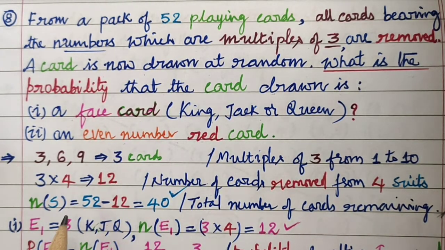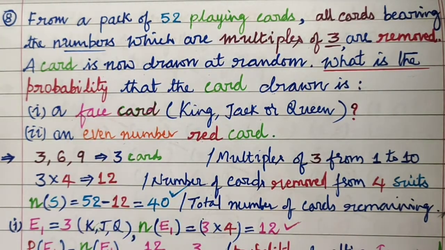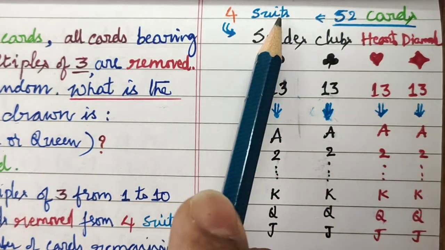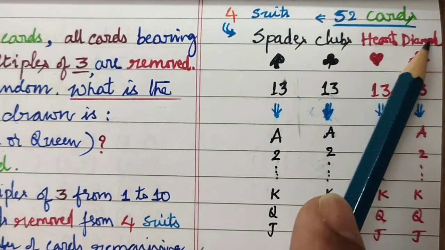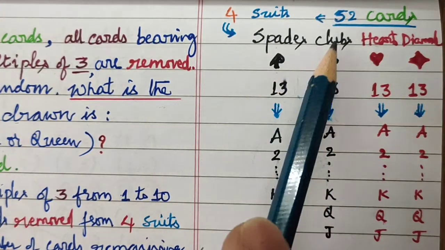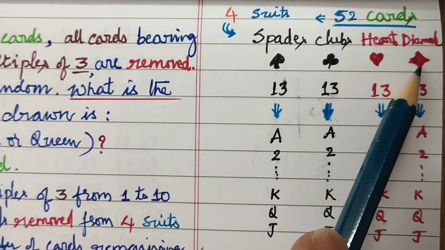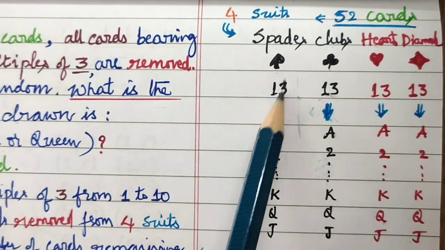Before getting into the solution, let us see what there is in the playing cards. In the 52 cards, there are 4 suits: spades, clubs, hearts and diamonds. Each suit has its own shape. Each suit has 13 cards.